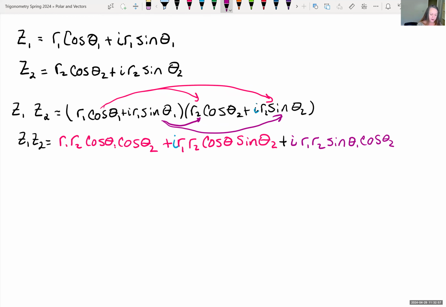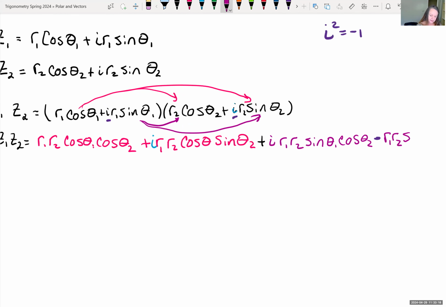Distributing over here, recall i squared is equal to negative 1. So I have i times i, that's i squared, which is negative 1, times r sub 1 r sub 2 sine of theta sub 1 sine of theta sub 2.